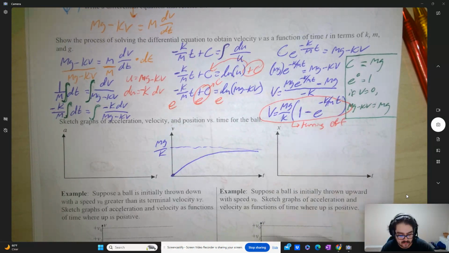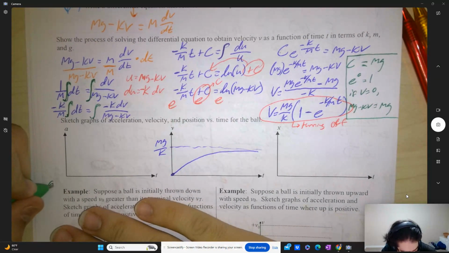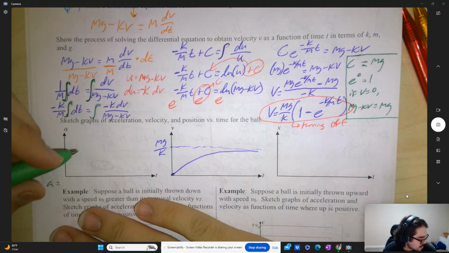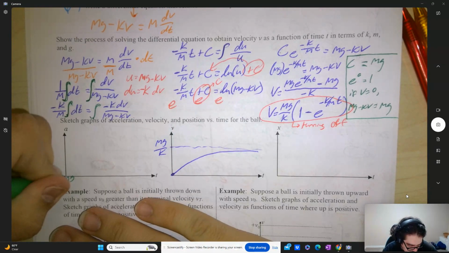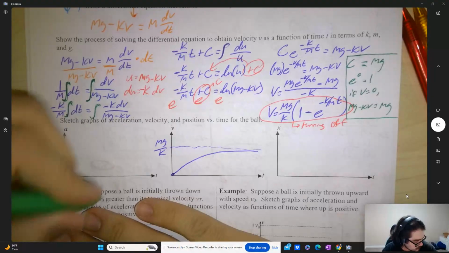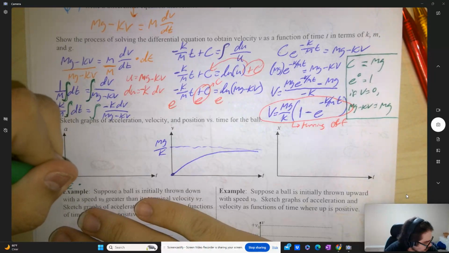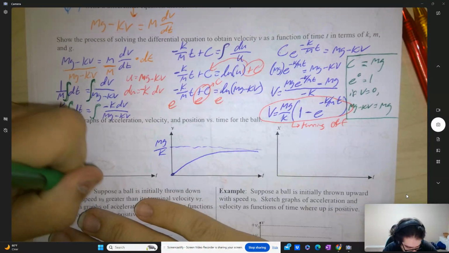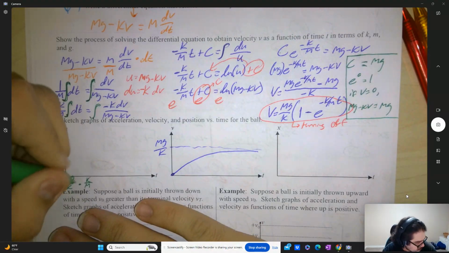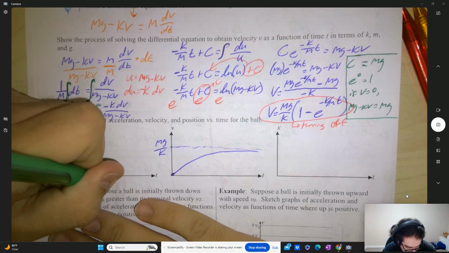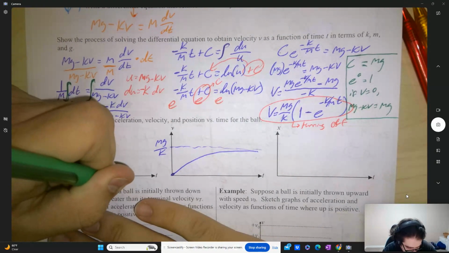And when you take the derivative of that, you should end up getting a function, and I'm going to write here, it would be mg over k times k over m e to the negative k over m t.